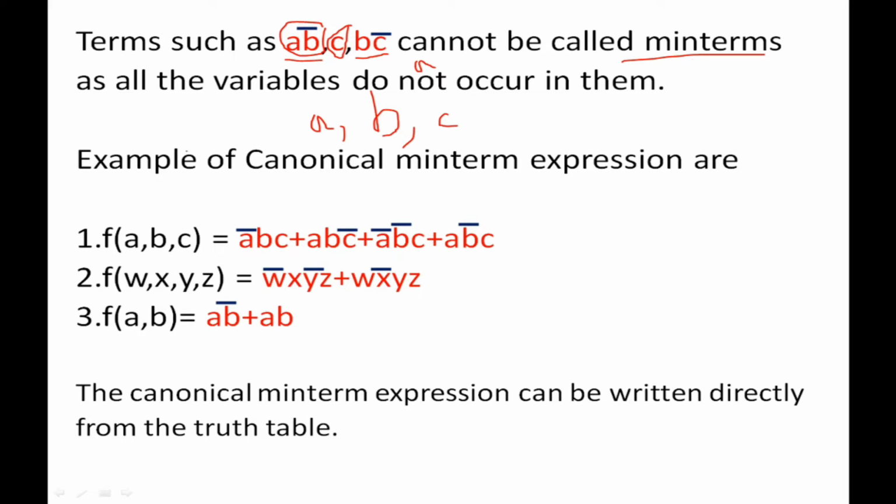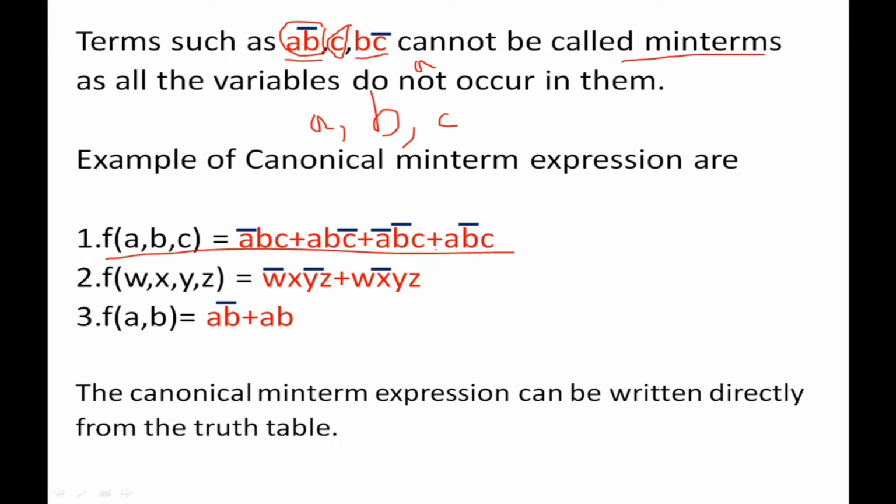Now let us look at an example of a canonical min term expression. For a given Boolean function with three variables a, b and c, each product term in this expression contains all the variables: a bar, b, c; second, a, b, c bar; third, a bar, b bar, c; and fourth, a, b bar, c.